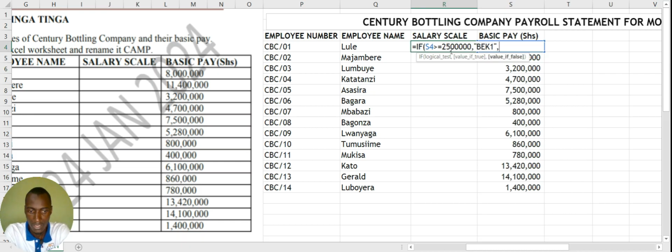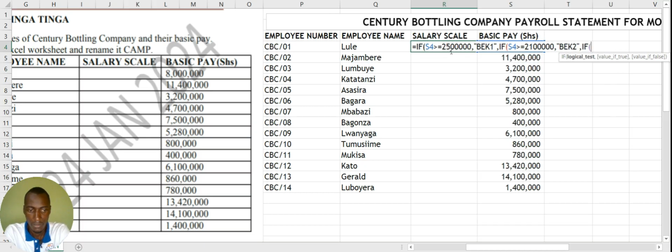Then if S4, if your basic pay is greater than or equal to what? 2.1 M, then that will be BAK2.